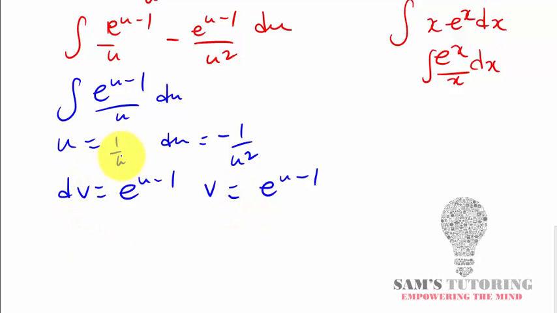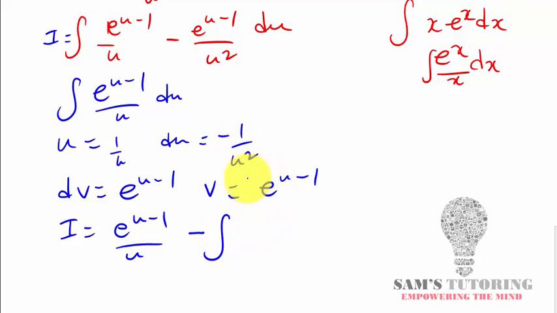Put it in the by parts formula, so I equals e to the u minus 1 on u, minus the integral of negative 1 times e to the u minus 1 on u squared du; a negative and a negative make it positive.